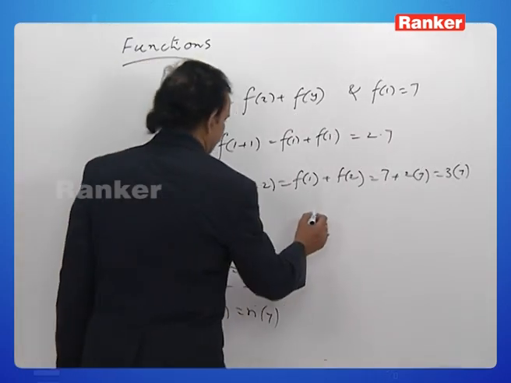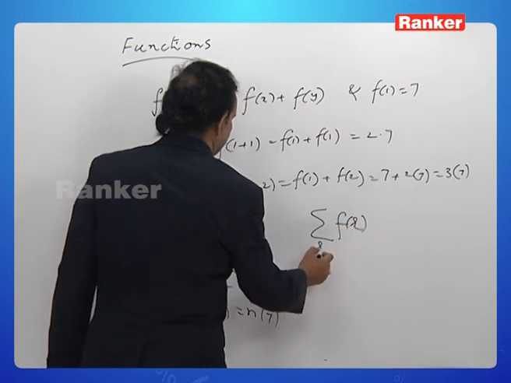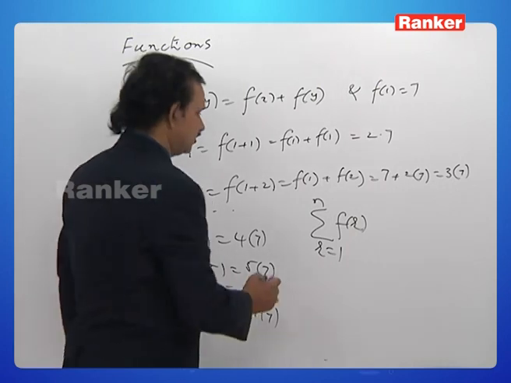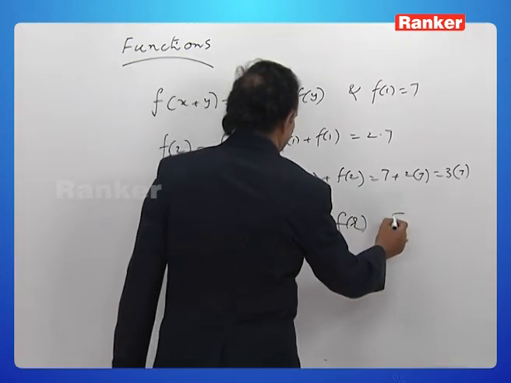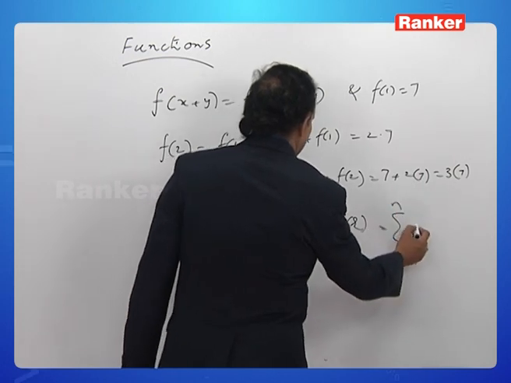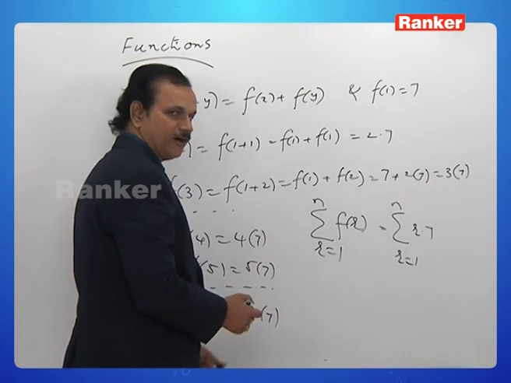Now, what is required? Sigma f of r, r equal to 1 to n, is required. This is nothing but sigma r equal to 1 to n of r into 7. F of n is n into 7, f of r is r into 7.